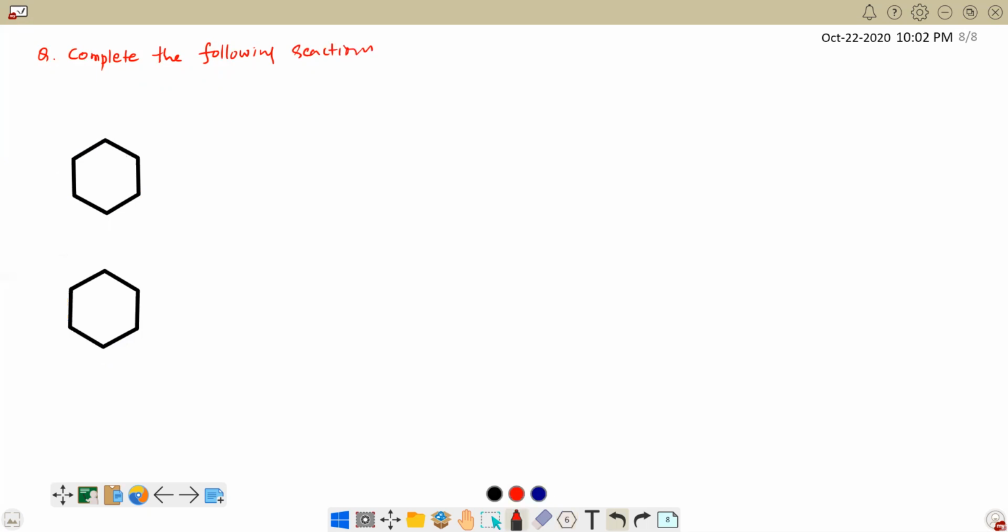Suppose we have here CH3, right, and OH. So just write down two conditions: SOCl2, and SOCl2 with pyridine. Just write down.